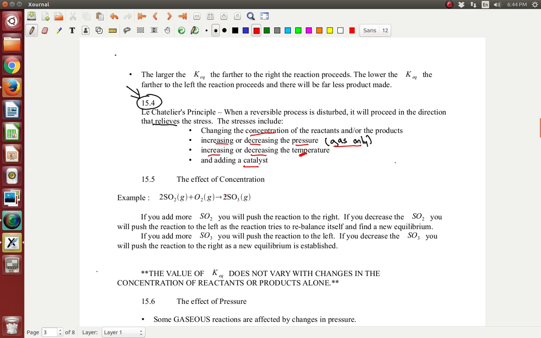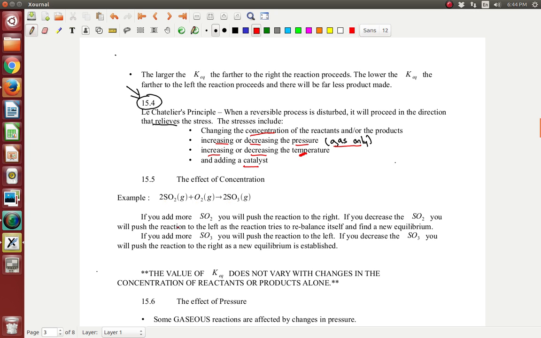When you're adding more substance, if I add more SO2 or more O2 or more SO3, it changes the shift of the equilibrium. Each one of these is really a double arrow situation, so it's going to go both ways. I'm going to erase that for a minute because I'm going to write underneath this reaction a lot.